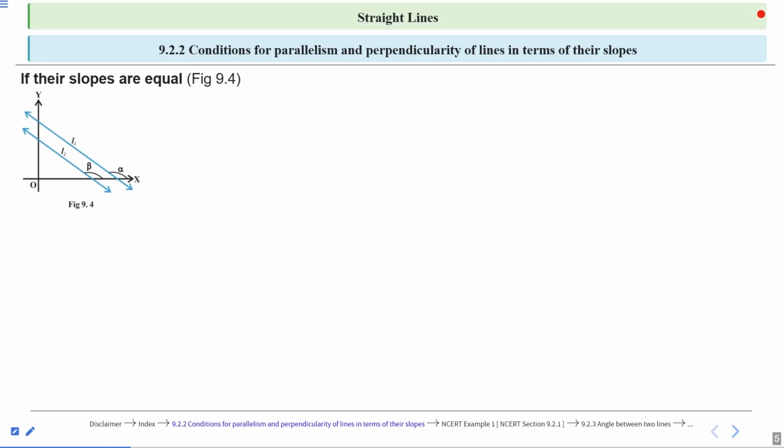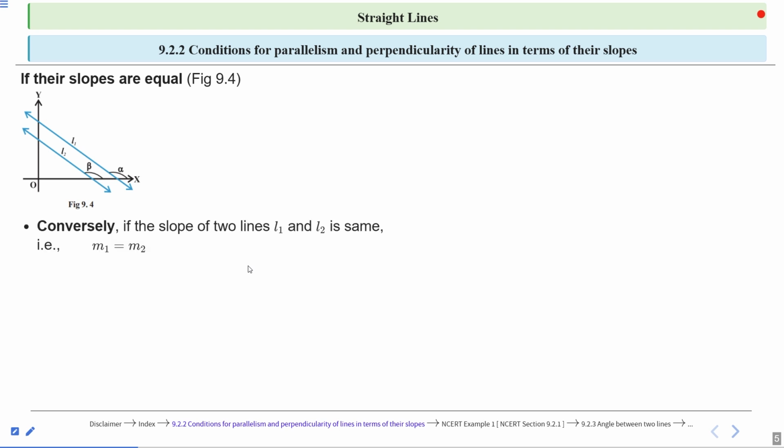Now, first we suppose the slopes of the lines are equal, and then we will show the lines are parallel. Let us take a look at figure 9.4.